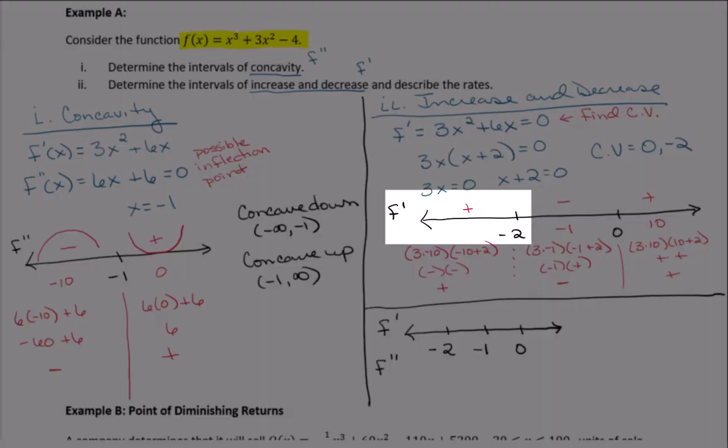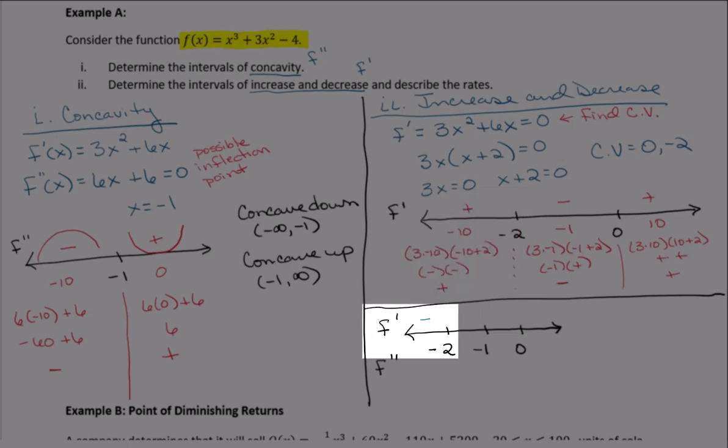So the first derivative, notice here, is positive all the way up to -2. So everywhere from -infinity to -2. And then it's positive everywhere from 0 to the right. And it's negative everywhere between -2 and 0.